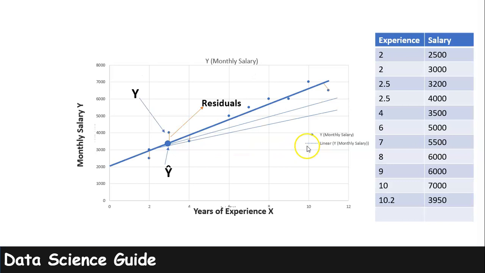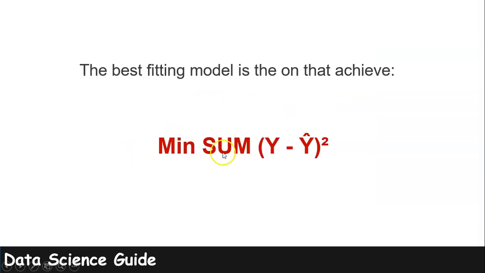Then we draw another line, and also take the y minus y hat squared. Then again and again, let's say we have thousands of these lines. I just give an example of 2 plus this one, assuming this is the best fitting line. Only one of all these slope lines will achieve the minimum sum of y minus y hat squared, and this is the best fitting line.